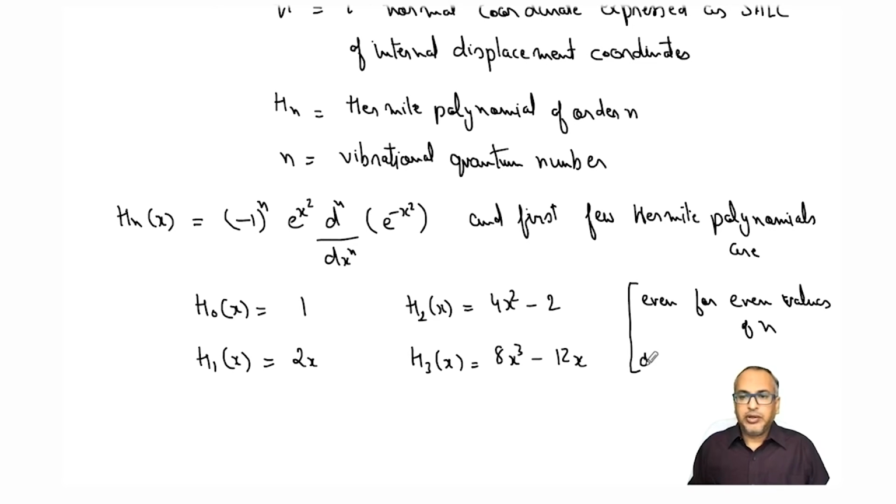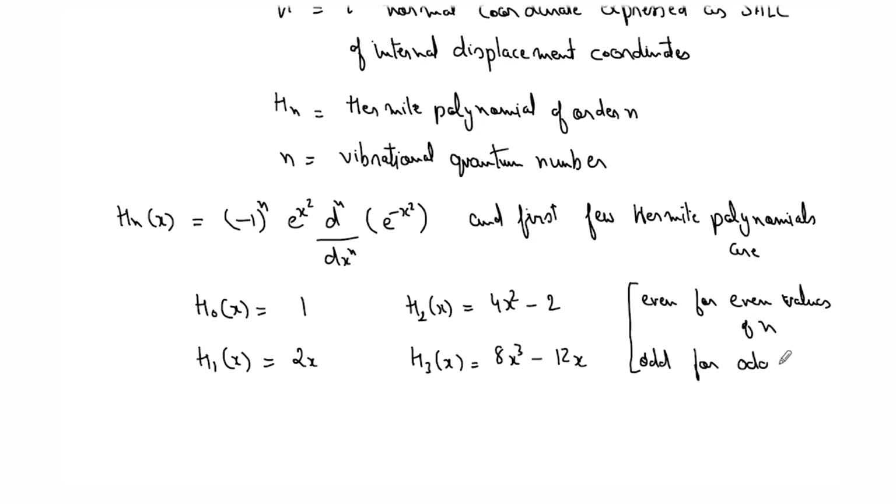And it is odd for odd n, right? That trend can be seen. So n equal to 0, the function is even. N equal to 1, the function is odd. N equal to 2, the function is even again. N equal to 3, the function is odd again, right? So all we care about is whether it's even and odd, because we are talking about the integration and we are interested in symmetry. We are not exactly interested in what is the functional form of this.